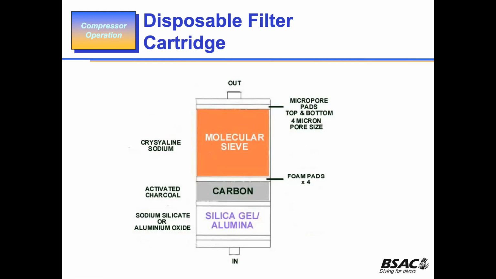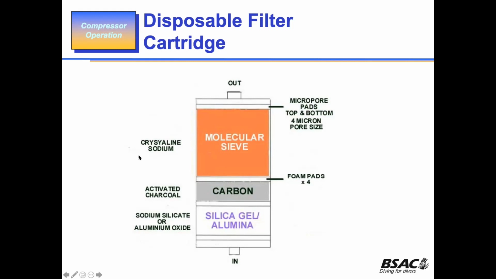There could be carryover if the carbon starts to break down, and we don't want that going into the cylinder either. So that molecular sieve is like the last stage that does a 4 micron trapping of any particulate matter, as well as doing a little bit on the moisture side.